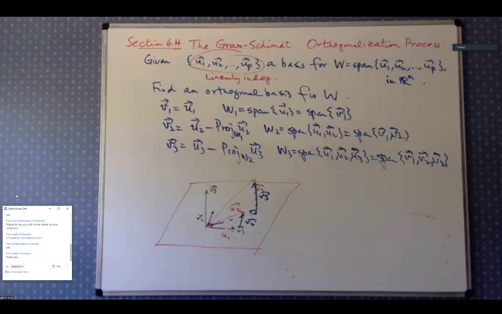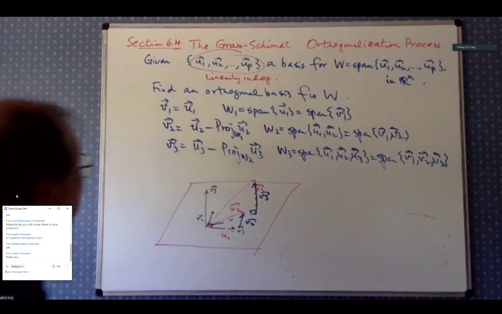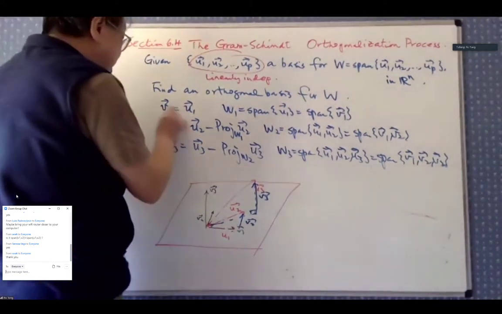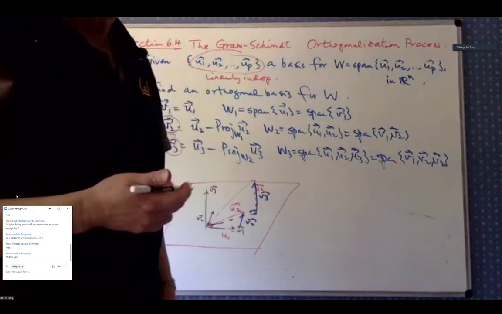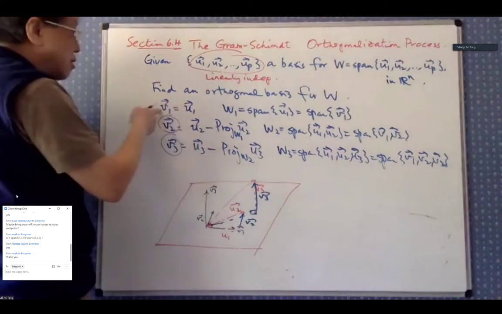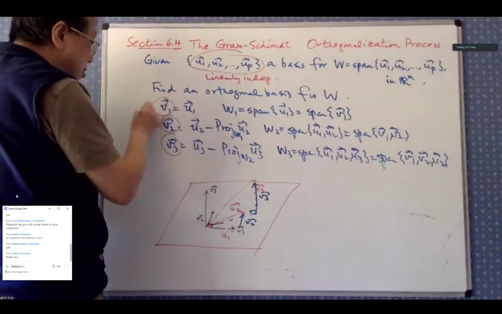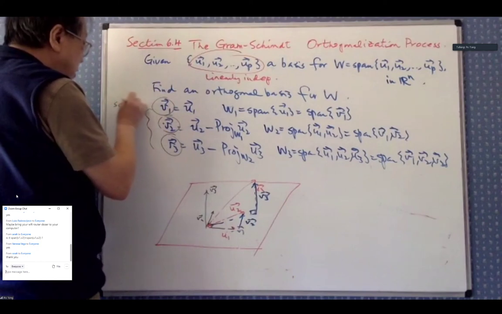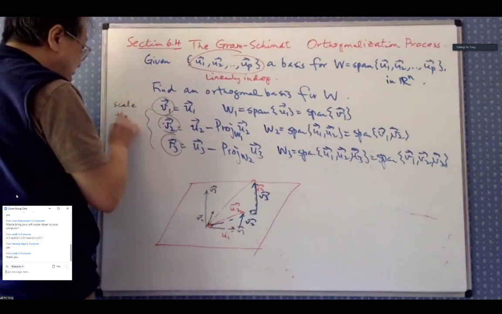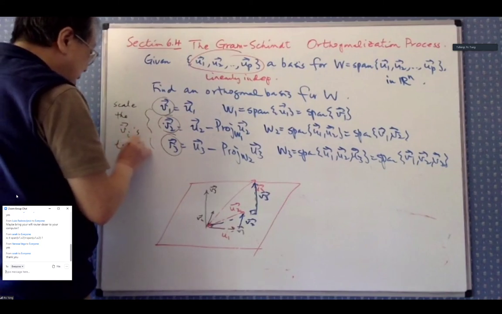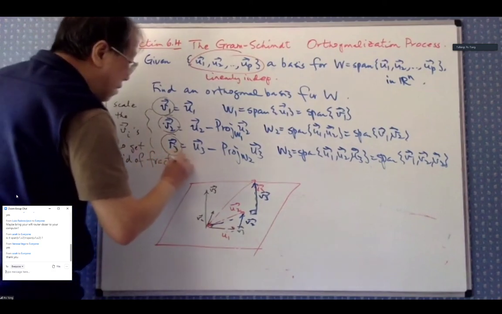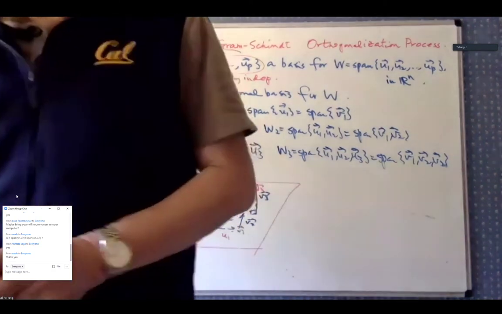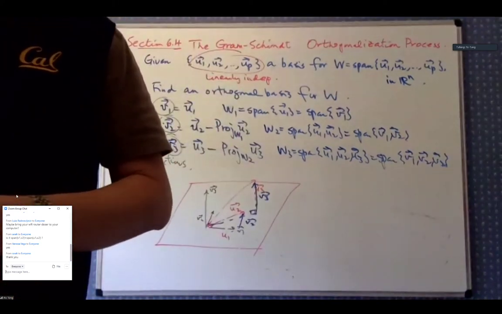Yeah. But there's a couple of tricks that you can use. When you do this, if you end up with a lot of fractions, you can scale it. Even the first one you can scale. You can scale the Vi's to get rid of fractions, because when you scale a vector, it's still orthogonal.